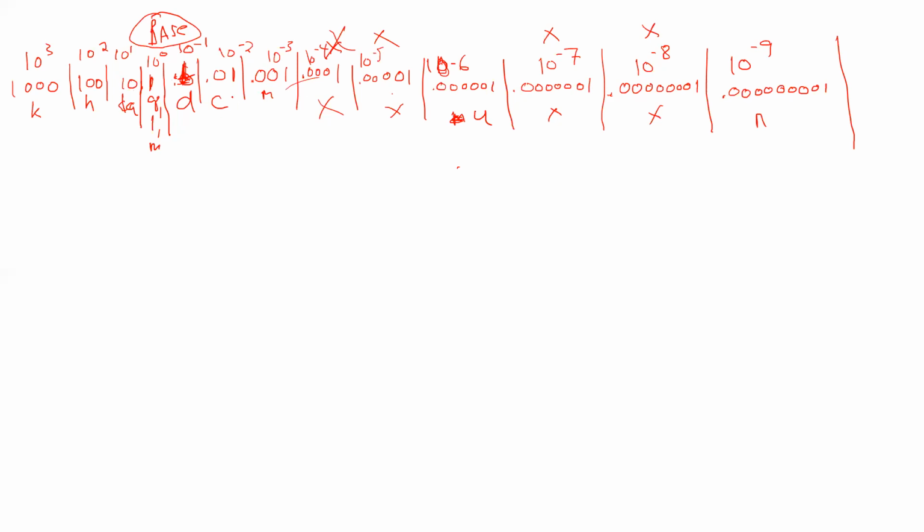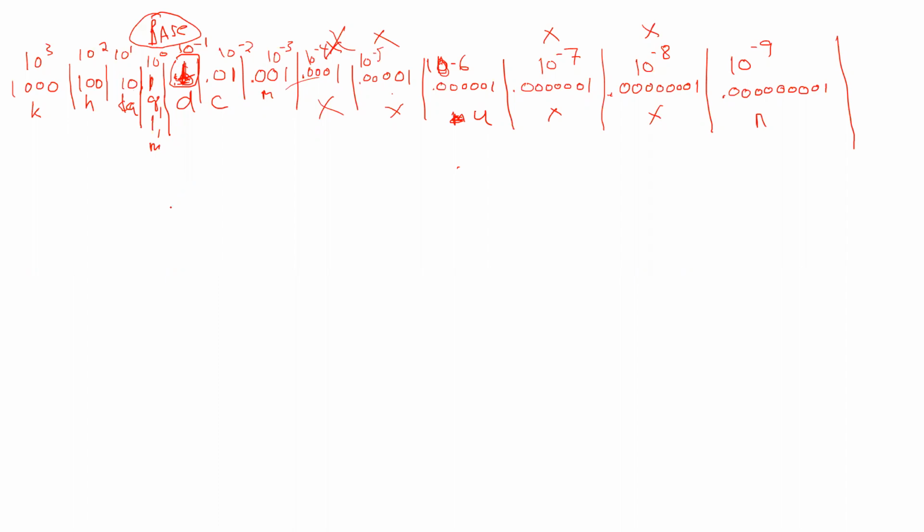And why is it 0.1? Because you move the decimal place one place, 10 to the minus 1. So if you did the conversion, it would come out to be 0.1 deciliters, meters, or grams to 1 gram, liter, or meter.